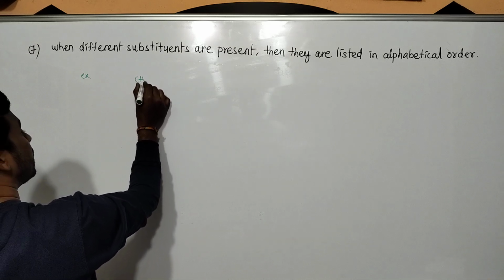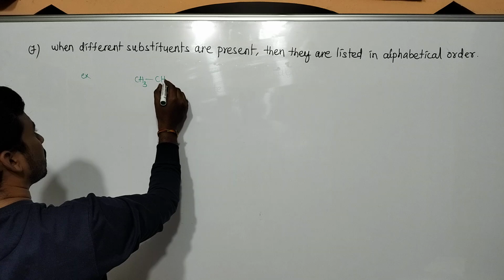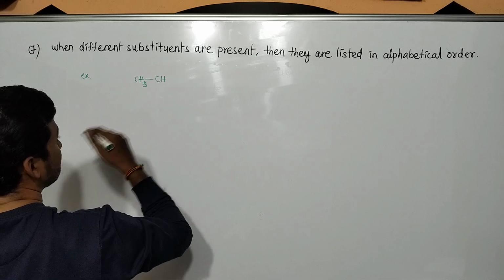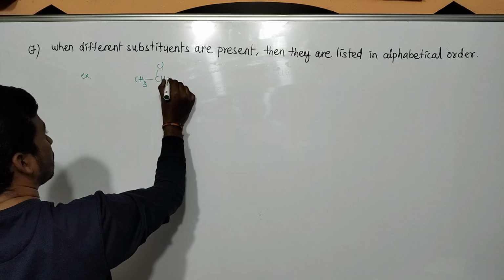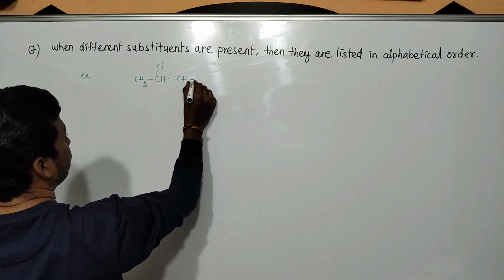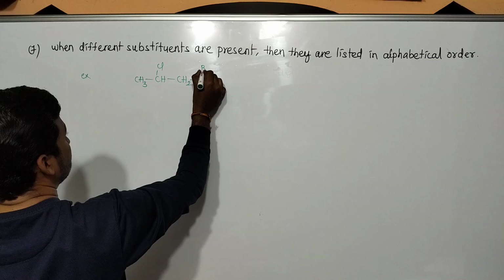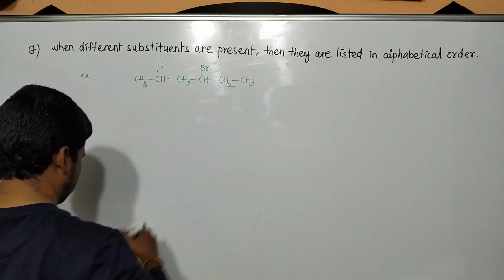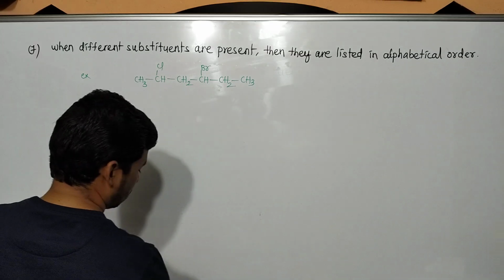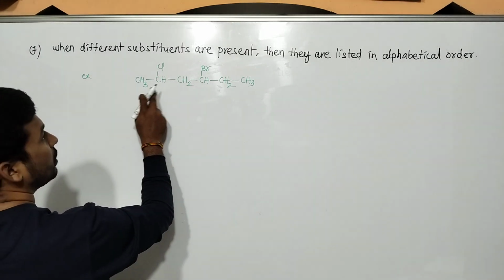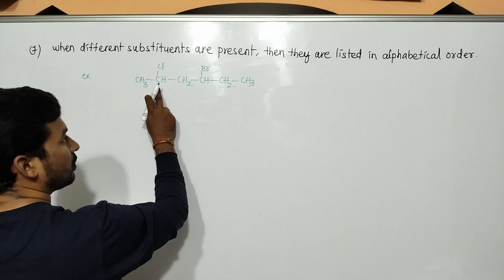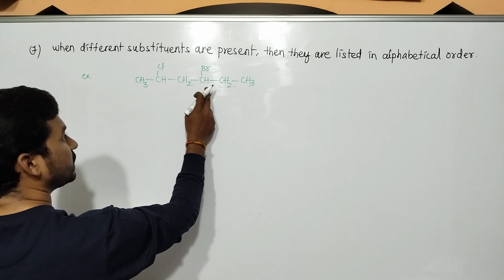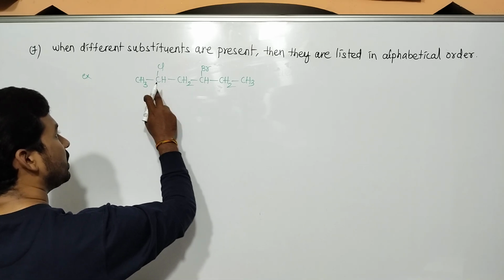So CH3, CH, Cl, CH2, CHBr, CH2 and CH3. Give numbers to the parent chain: 1, 2, 3. The first point of difference: if you give numbers left to right, this one is 2.